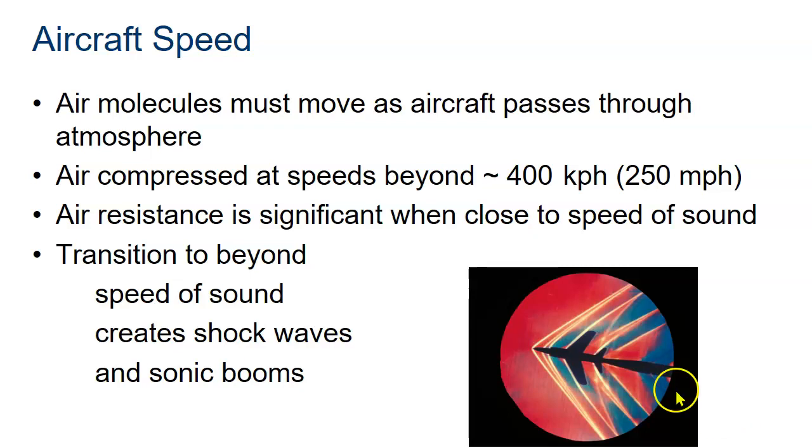This diagram shows an aircraft model in a wind tunnel at supersonic speeds, and you start getting shock waves coming off the leading surfaces of the aircraft. Once you go above the speed of sound, your craft is moving faster than the sound it's producing, and that's what causes sonic booms.